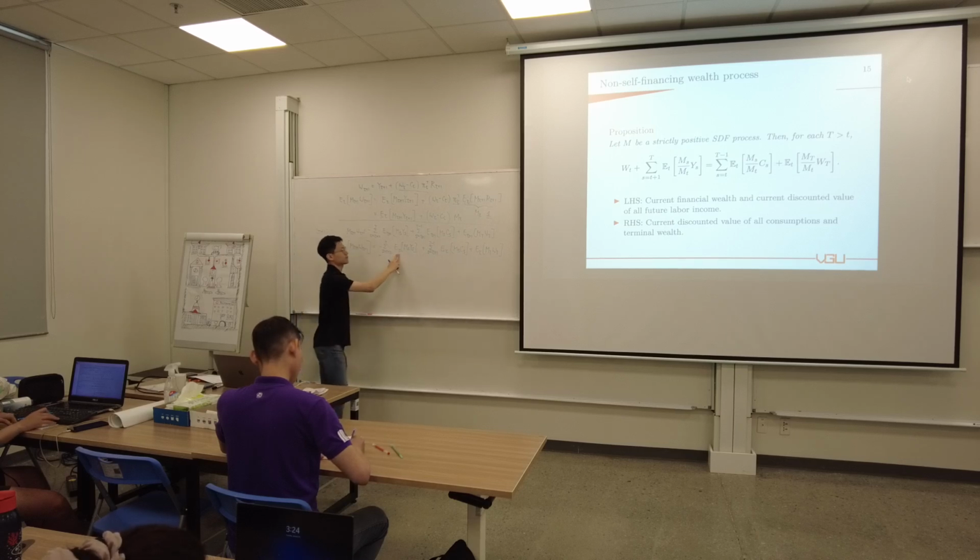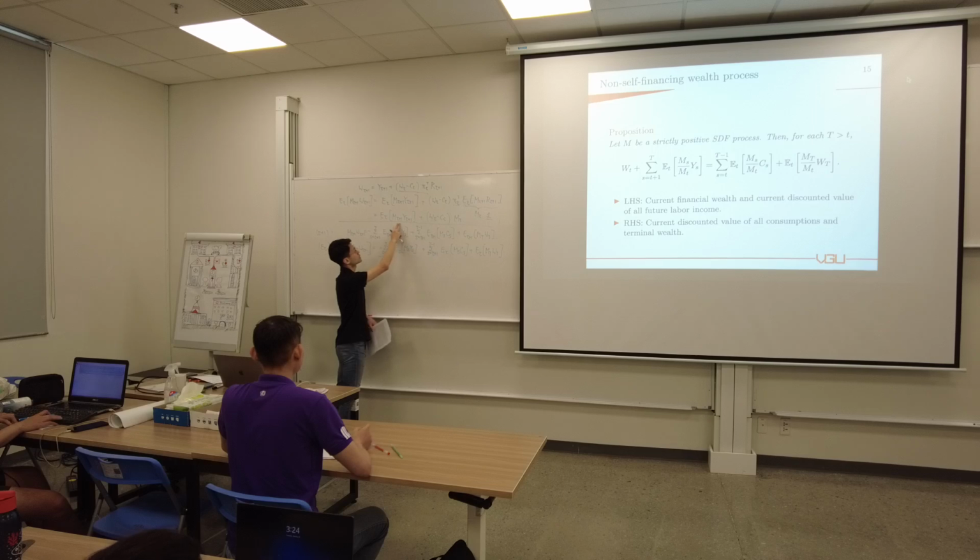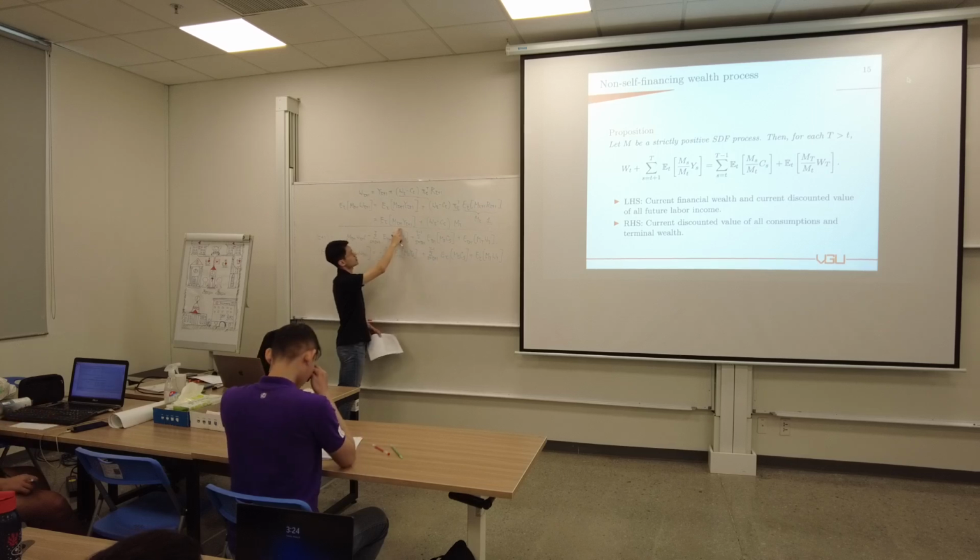Here we have the summation of conditional expectation of ms, ys. Here we have the conditional expectation of m tau plus 1, y tau plus 1. So we can group them together. Here we are summing from tau plus 2 to capital T. Here we have a tau plus 1.